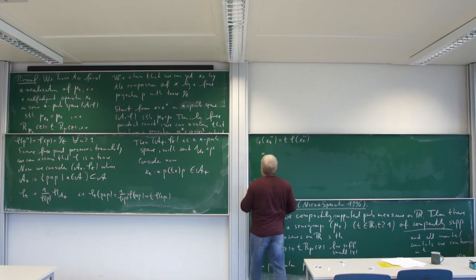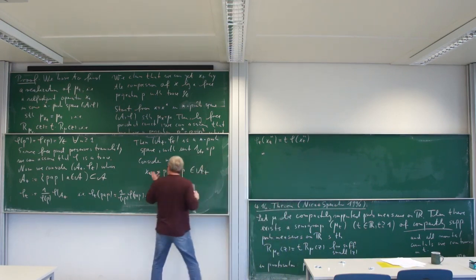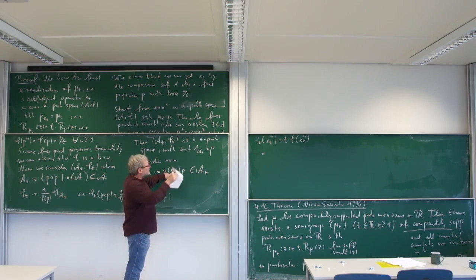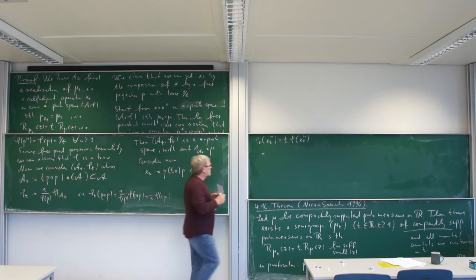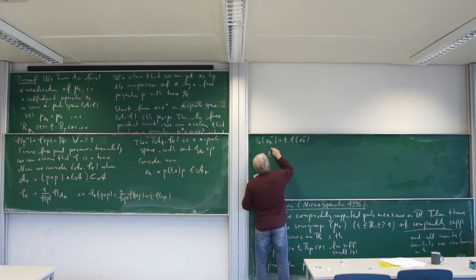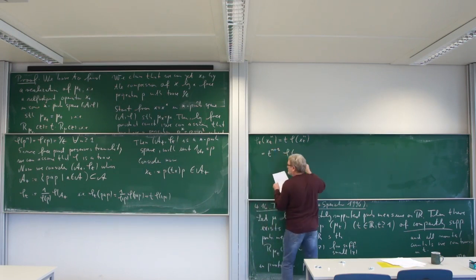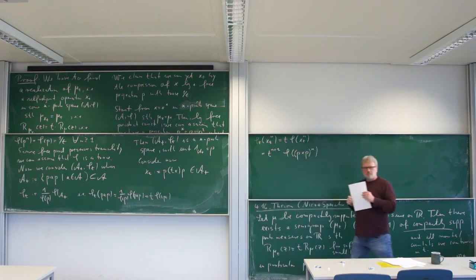Okay, and what is xt? Now I'm expressing xt in terms of p and x, which are guys which I understand quite well in the space A. So I get a t here, I have the power n, so I get a t to the n. Together with this, I have a t to the n plus 1. And then I have phi of pxp to the power n.